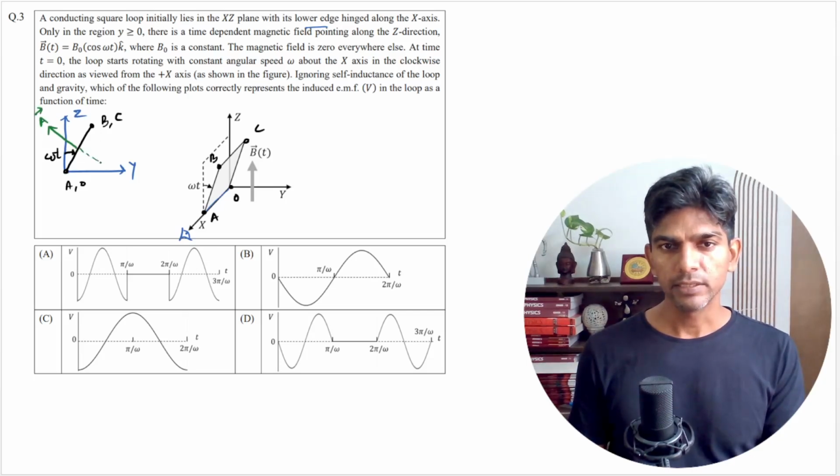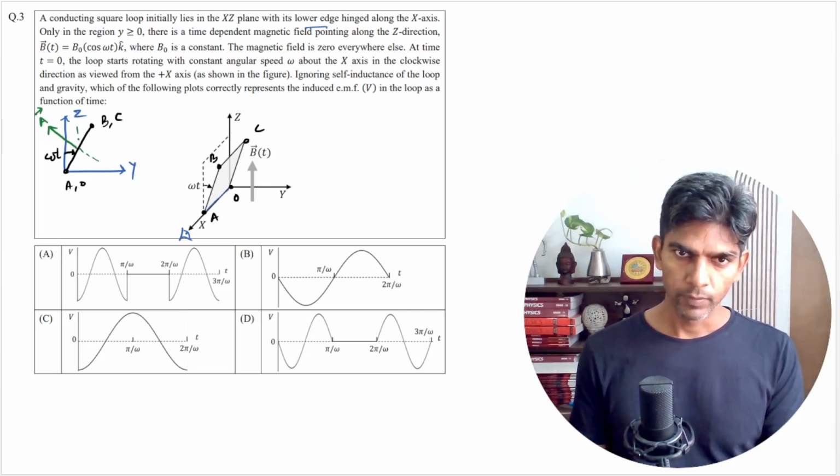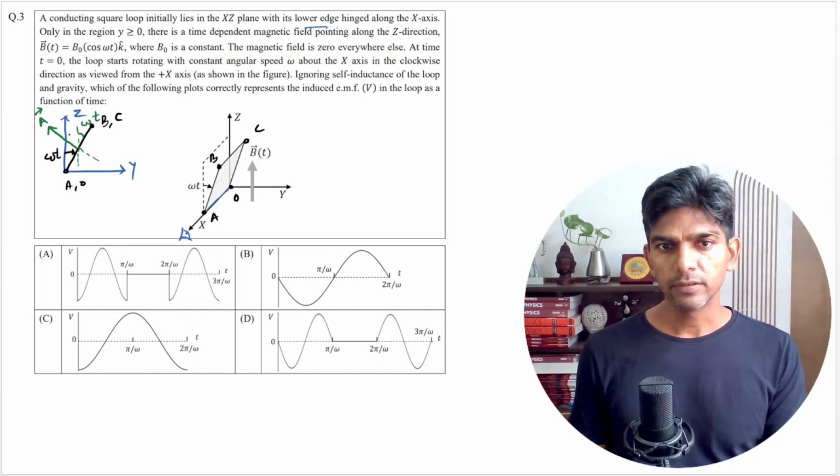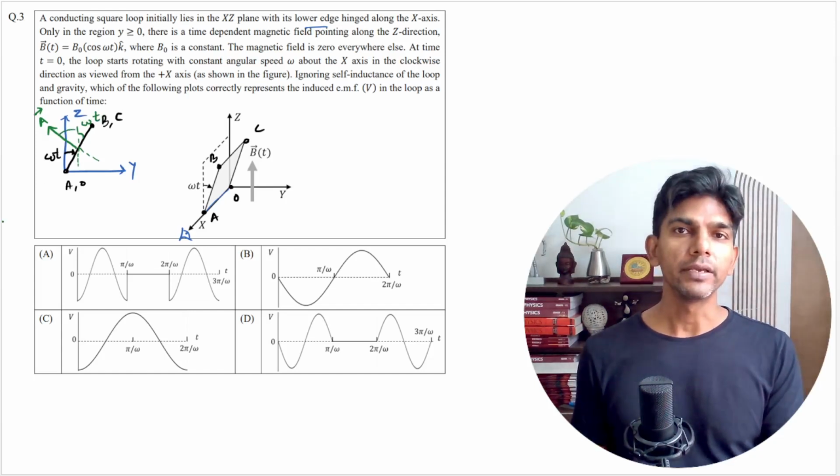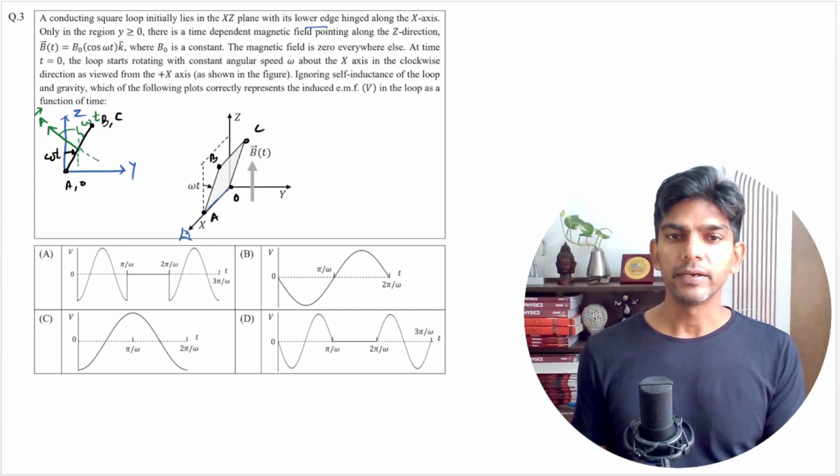So we can clearly see that this angle is omega t. So the area vector makes an angle of 90 minus omega t with the magnetic field. The magnetic field is pointing in the Z direction.